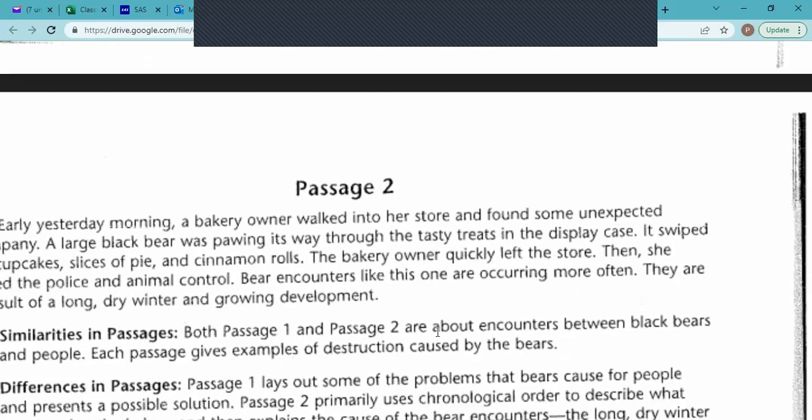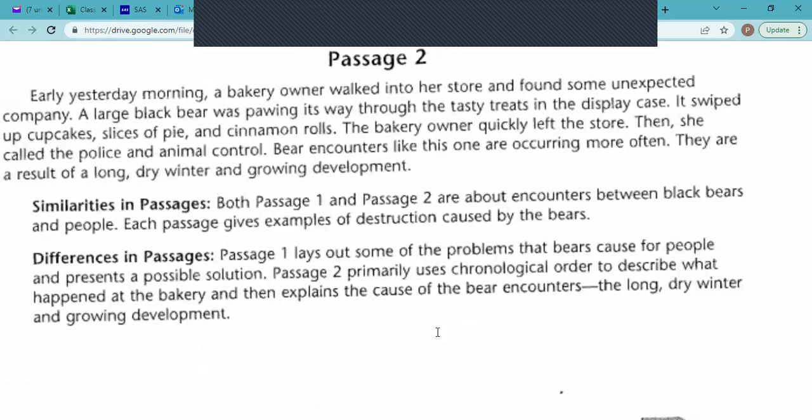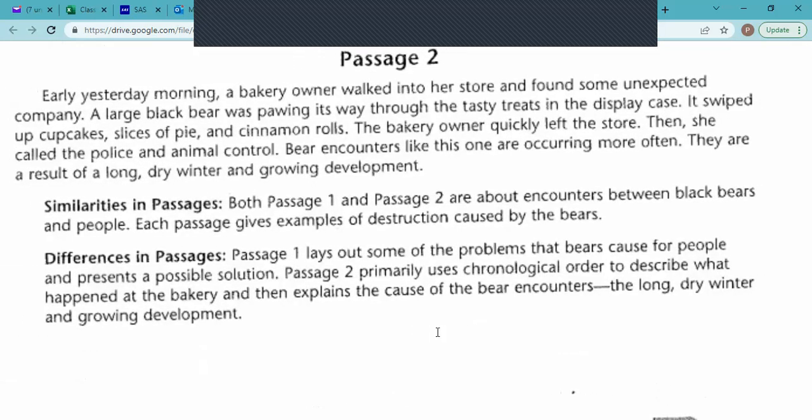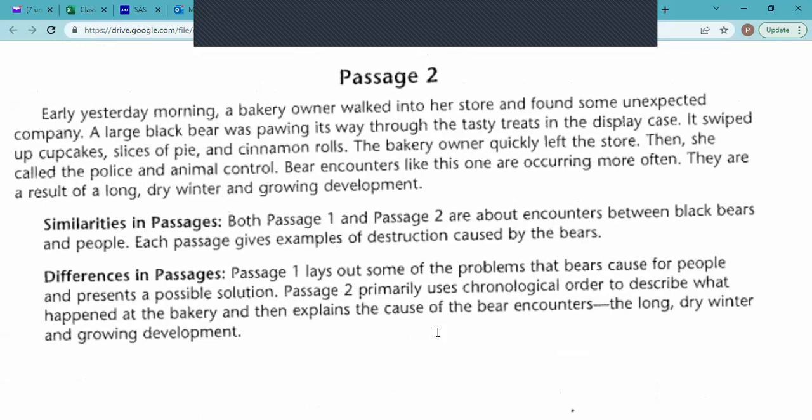All right, here is your next passage. Early yesterday morning, a bakery owner walked into her store and found some unexpected company. A large black bear was pawing its way through the tasty treats in the display case. It swiped up cupcakes, slices of pie, and cinnamon rolls.